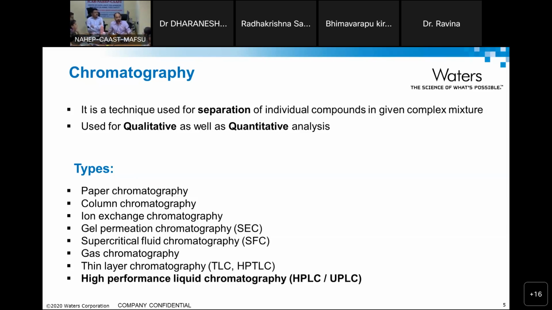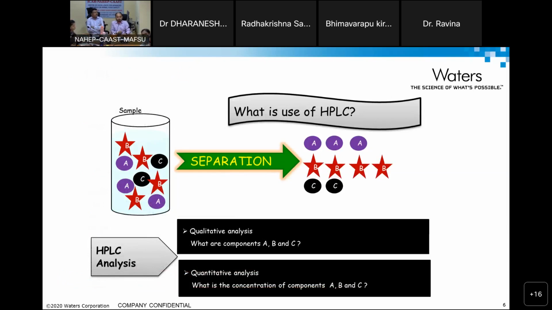So in today's presentation, we are going to focus more on high performance liquid chromatography. So what is the use of HPLC, that is high performance or high pressure liquid chromatography?